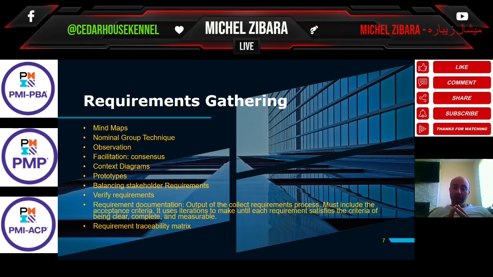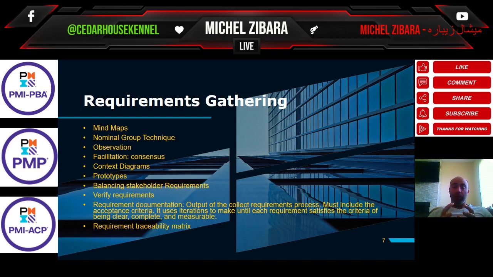Because this is where you link all the requirements. The requirements should be forward linked to deliverables, and should tie back to a project objective and business objective in the business case and the project charter.